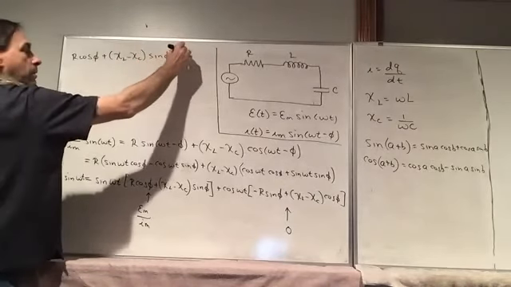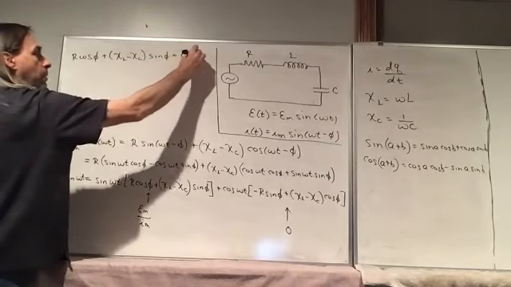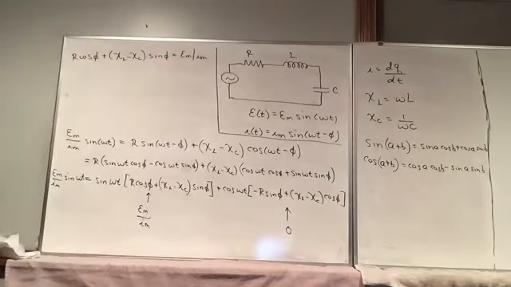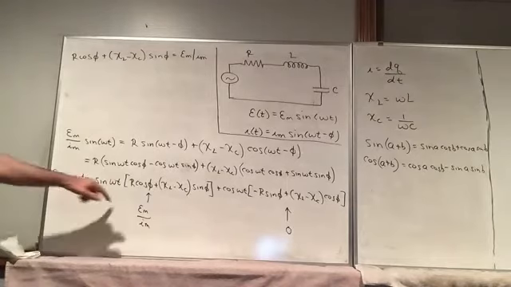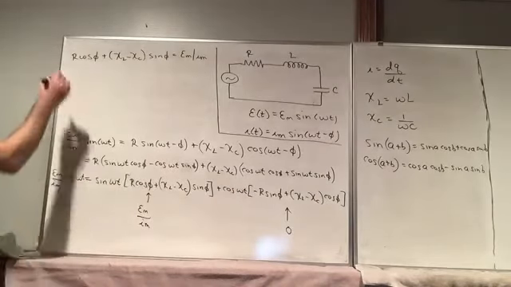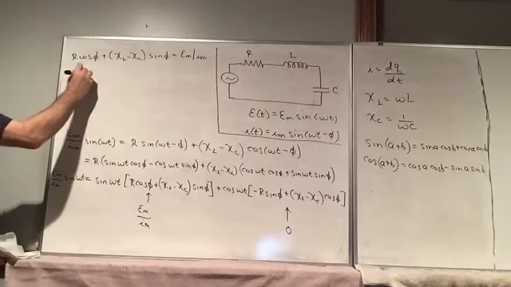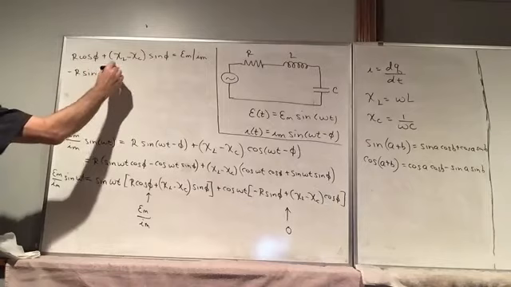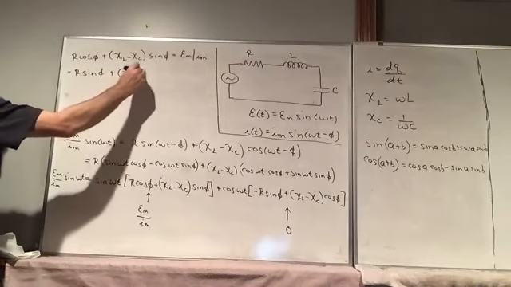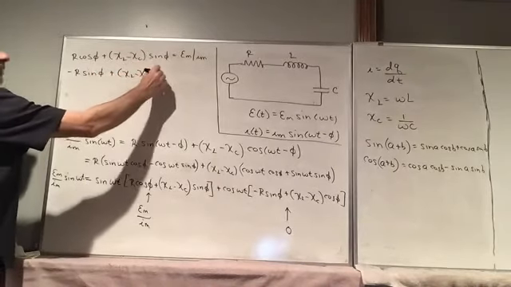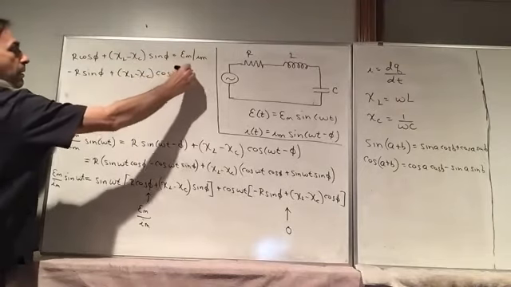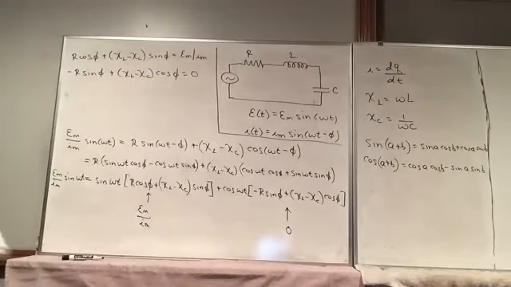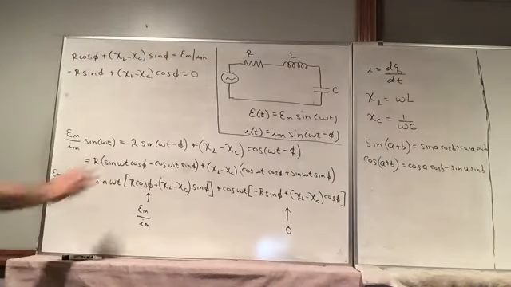That's equal to peak EMF over the peak current. Okay, so that's this one, and this other one: minus r sine of phi plus xi L minus xi C cosine of phi equals 0. So now that that's there, I'm going to erase everything.